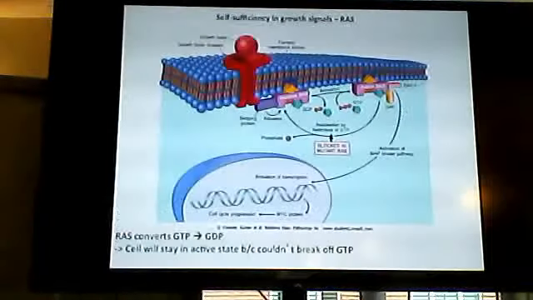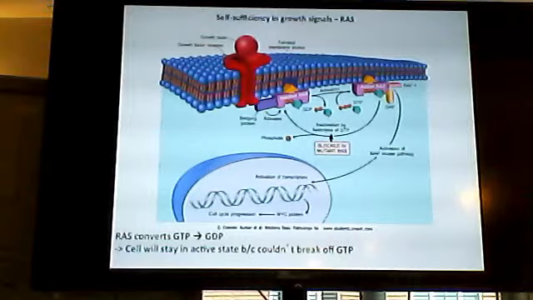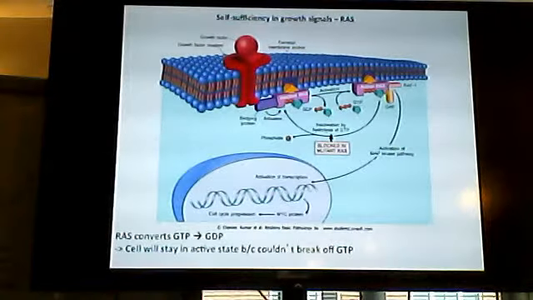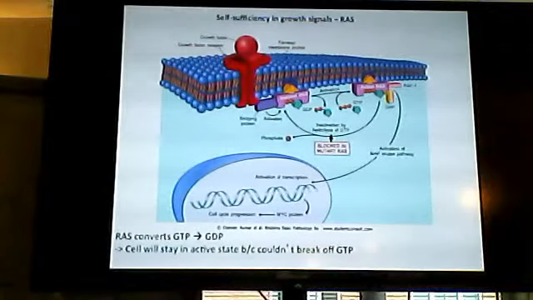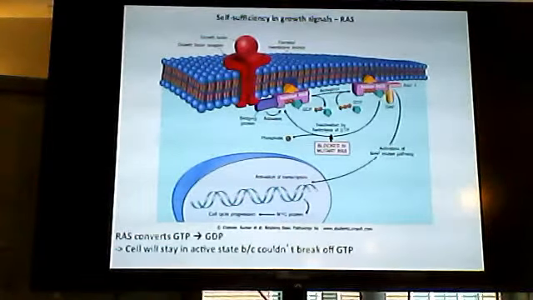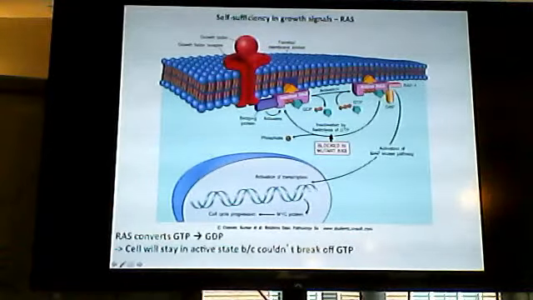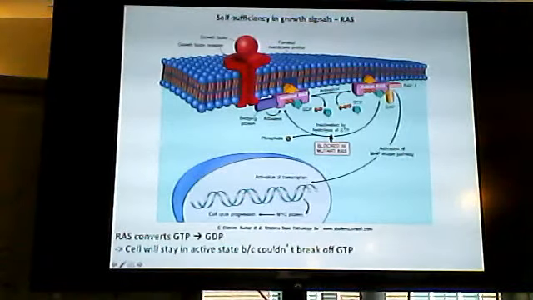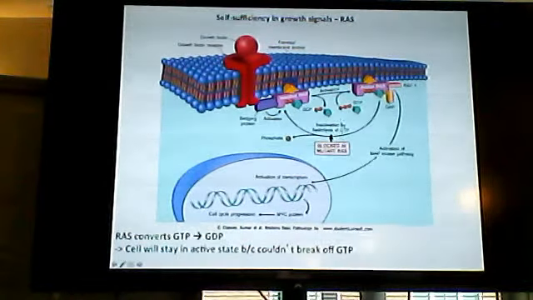So to go through all of them, first, self-sufficiency in growth signals. That has to do with a mutation in a proto-oncogene called RAS, R-A-S. RAS is responsible for switching off the G protein coupled receptor system. When you have RAS, it will be able to turn off the system by hydrolyzing the GTP molecule.